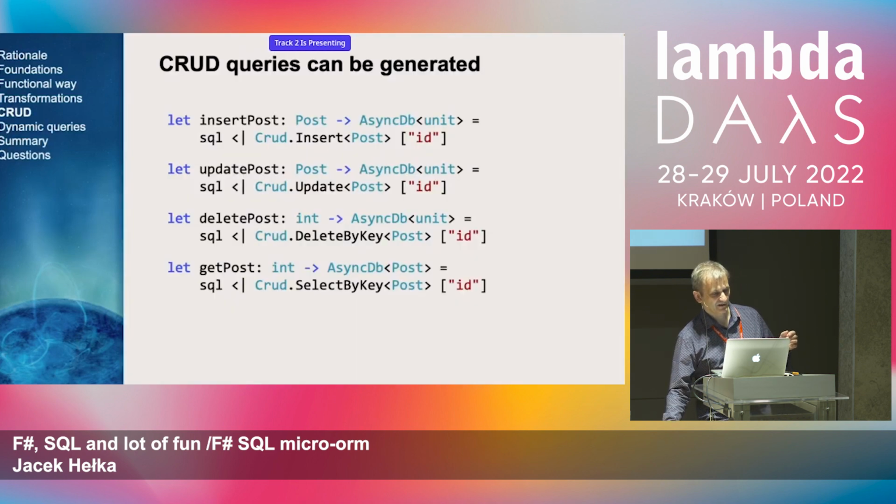So the idea was that we define a record, and having the fields of this record, we can use reflection to read them. We generate an insert statement, update statement, select by ID statement, even delete, but we don't need a record for it.